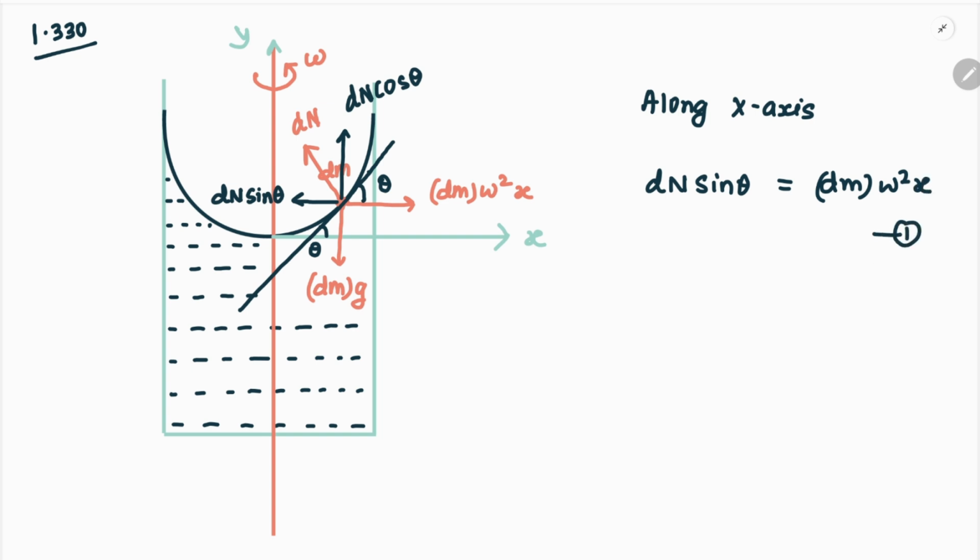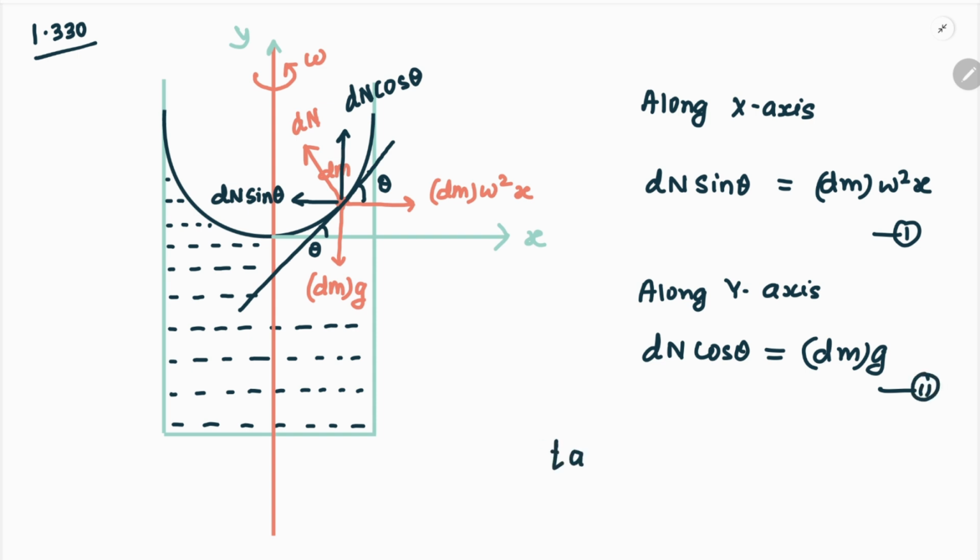This is equation number 1 that we have. And along y-axis, we can write dn cos theta equals dmg. So if we divide both the expressions, we get tan theta equals omega square x by g.